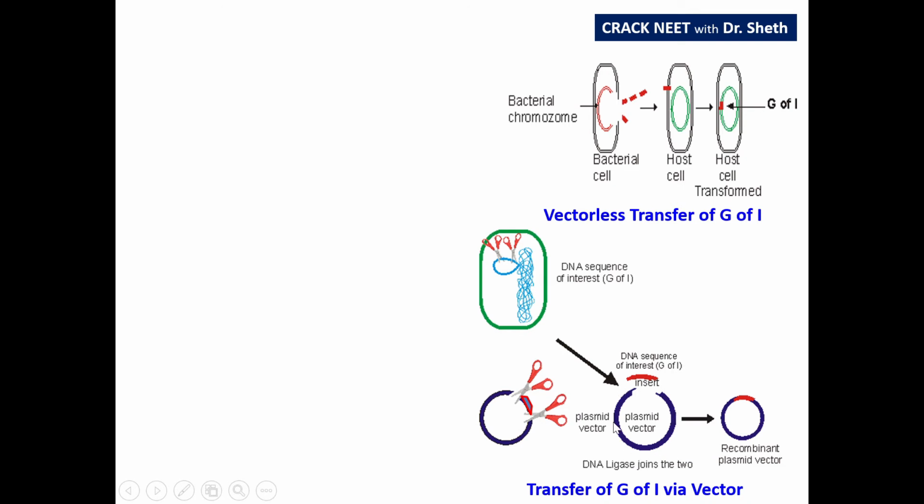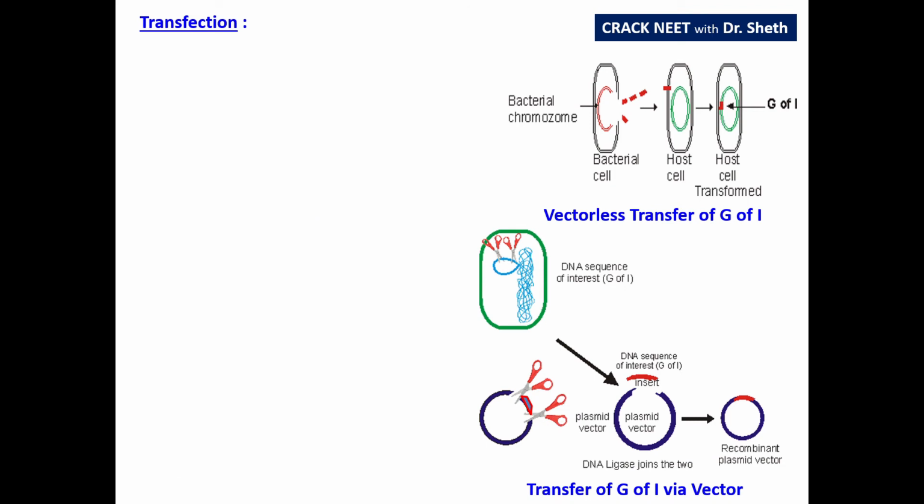This plasmid is now called the recombinant plasmid vector because the gene of interest is now inserted into this. So this DNA or plasmid is a recombinant plasmid vector. This can be then transferred into the host organism. When such vectors are used for transfer of the gene of interest, we say this is a transfer via a vector. Here the vector acts as a vehicle for the transfer of the gene.